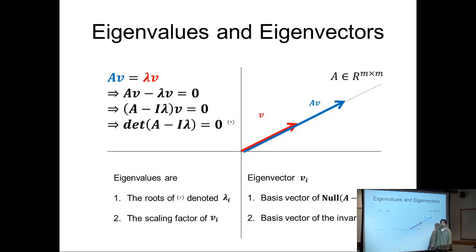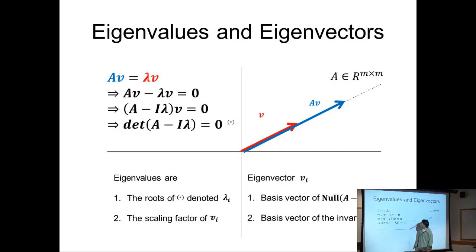The condition for which this happens is we have our vector v mapped through A is equal to some scaling of the original vector v, where lambda is some scalar. That's the scaling factor. What we'll do is bring lambda to the other side, so we have this expression Av minus lambda v equals 0. And then we'll pull the v out, where we have this matrix (A minus lambda I) times v equals 0.